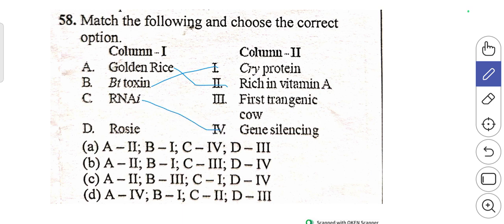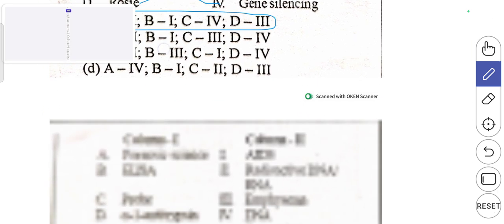Then ROSI, the first transgenic cow. So for this one, the right option will be A2, B1, C4, D3. That is the first option, A, is the right answer for this question.